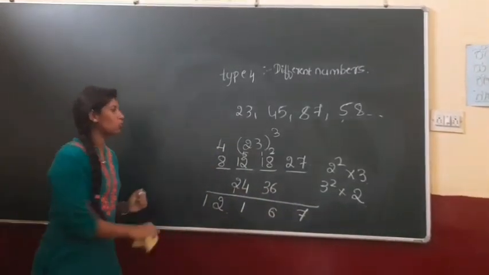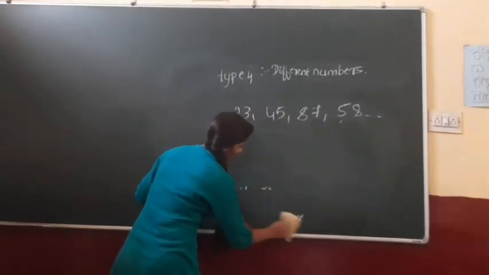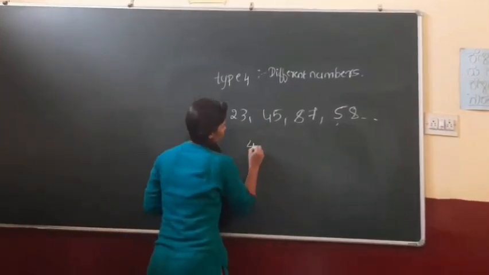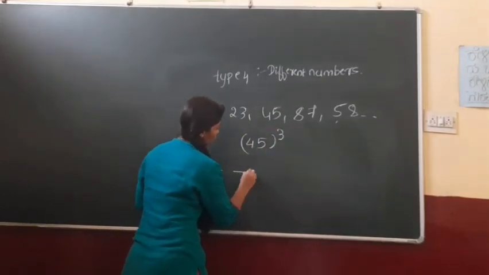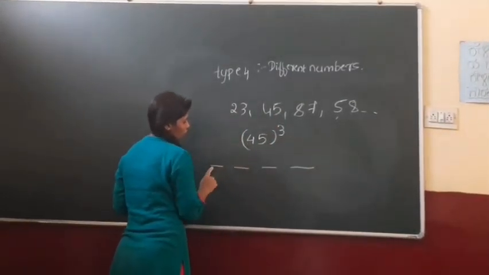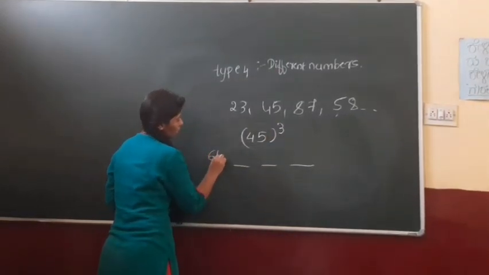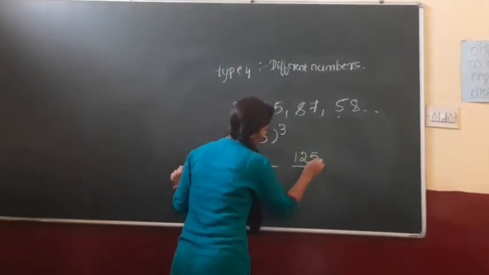In order to make you better understand, I will take another example, that is 45 cube. 1, 2, 3, 4 spaces. What we need to do? First we need to fill the first space with 4 cube, that is 64, and last space with 5 cube, that is 125.